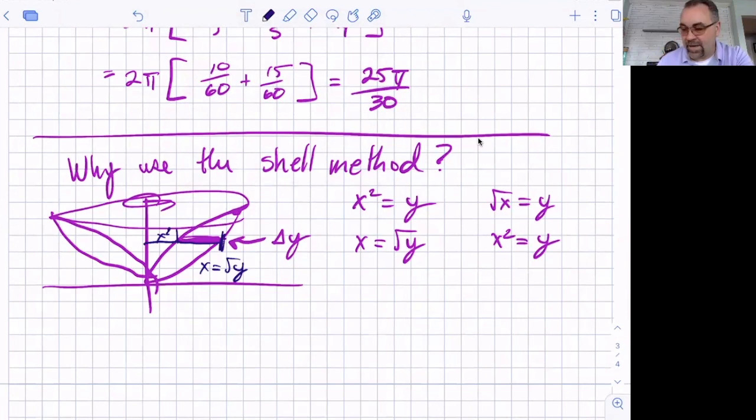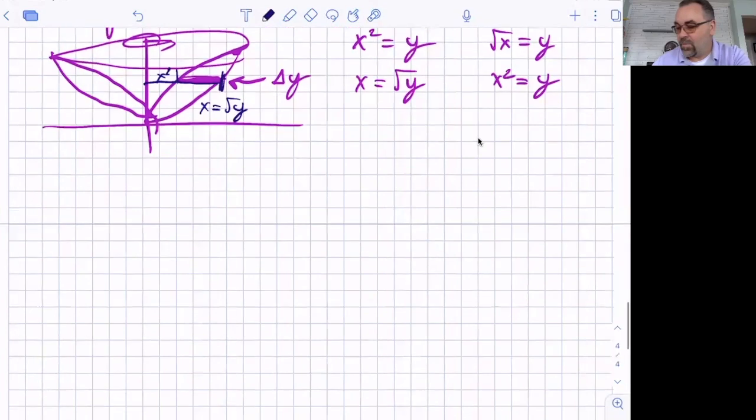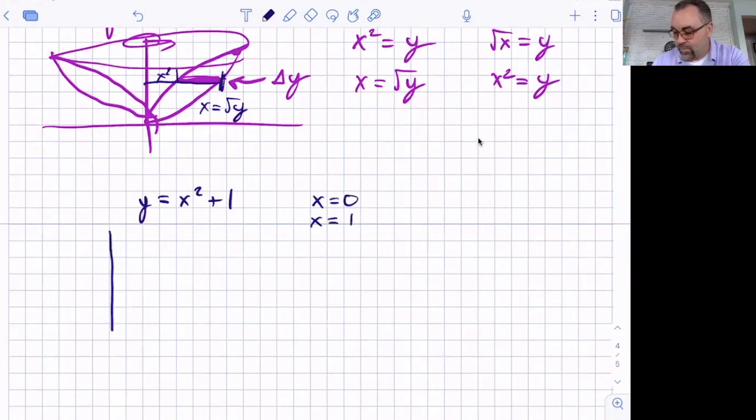It's especially handy if you have something like this revolved around the y-axis, bounded also by x equals 0 and x equals 1. Because in this case, if I have y equals x squared like this, and let's go out here, and this is 1.